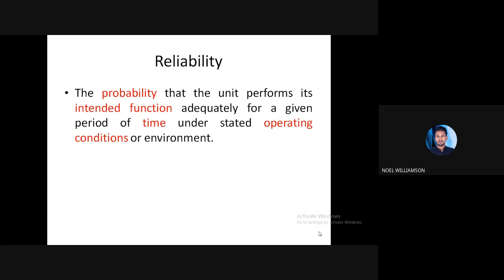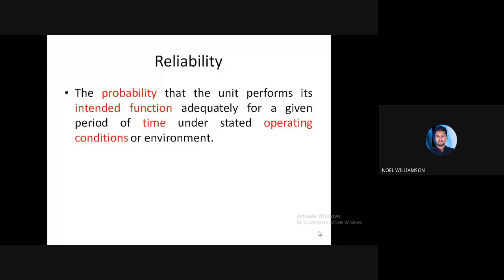We should reach the proper place on time. So the intended function of the car is to drive, or for transportation. It has many other functions also. We can hear the music, we can switch on the AC and all. But the main intended function is transportation.